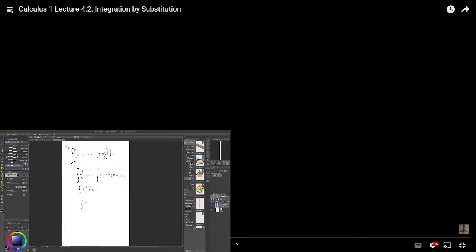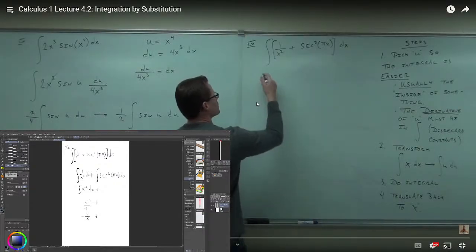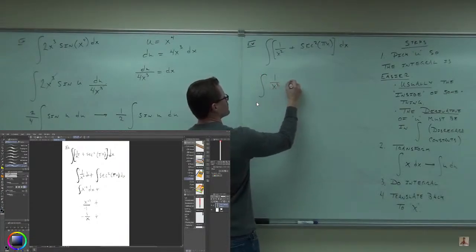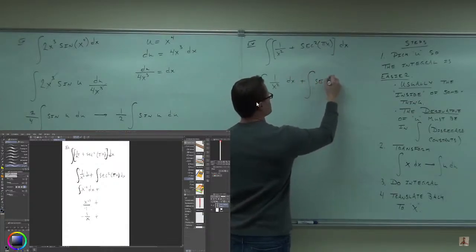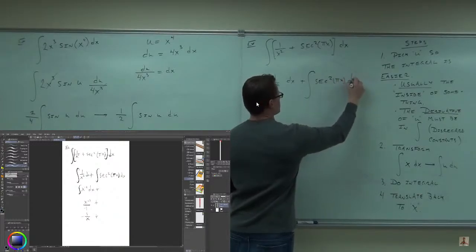This one is just x to the -1 over -1. We get 1 over x squared dx plus secant squared pi x dx.